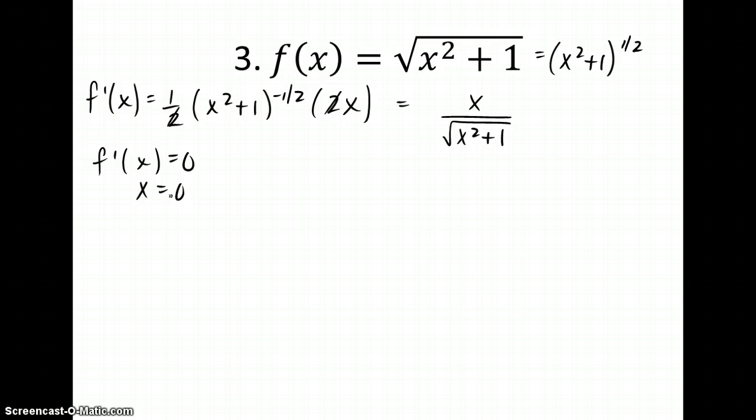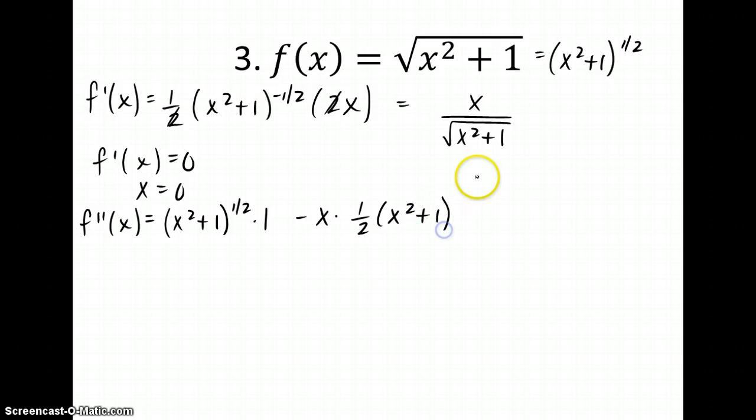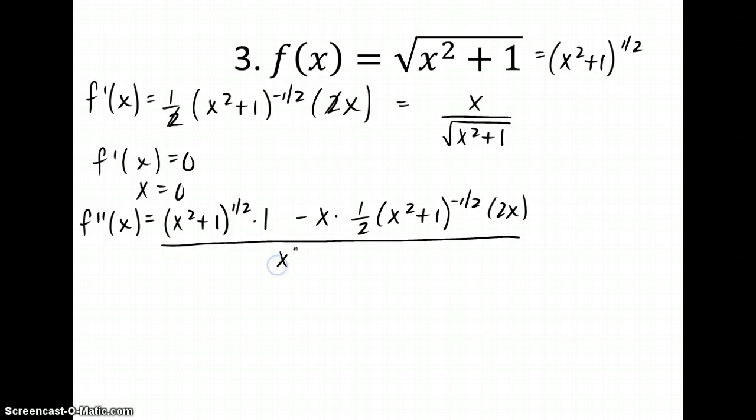Now to find the second derivative, I would apply the quotient rule: bottom times the derivative of the top, minus top times the derivative of the bottom, all over bottom squared.